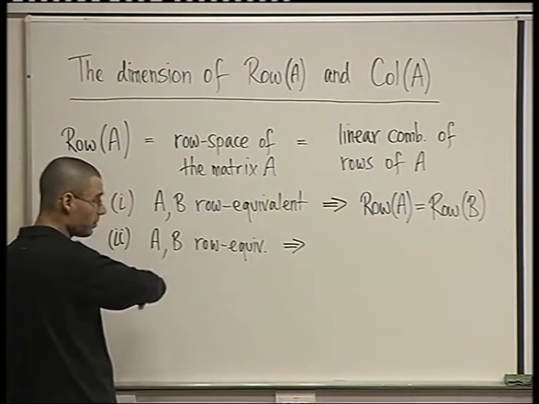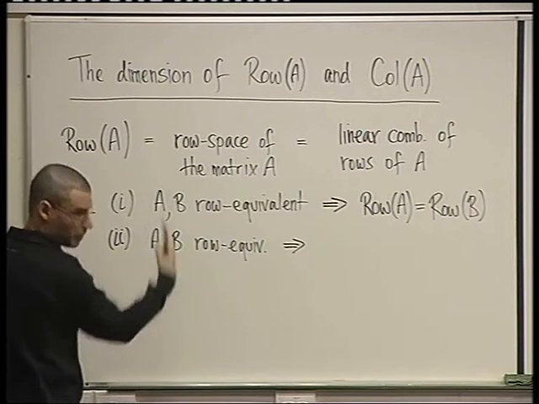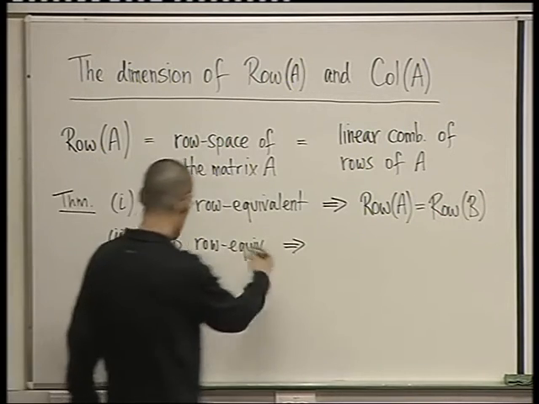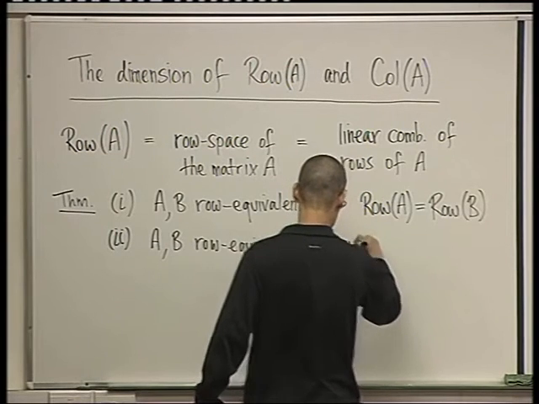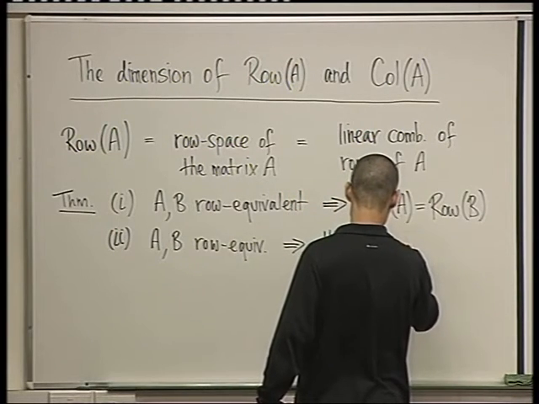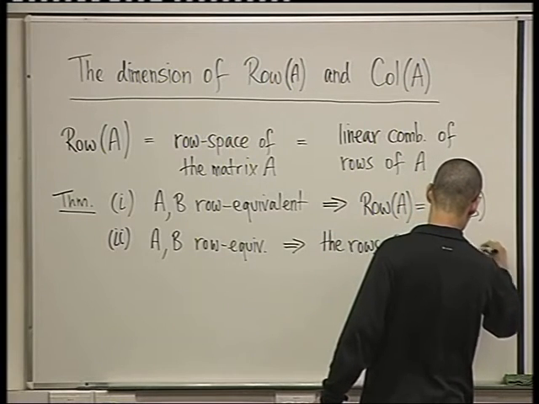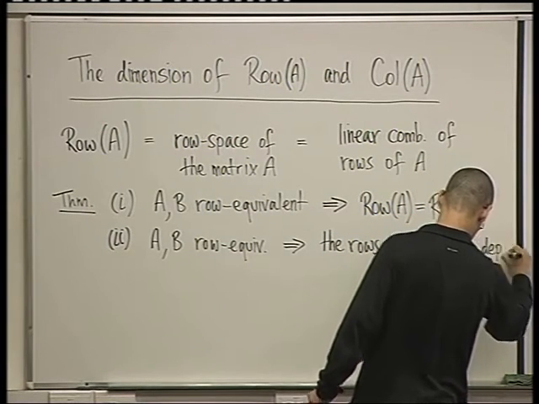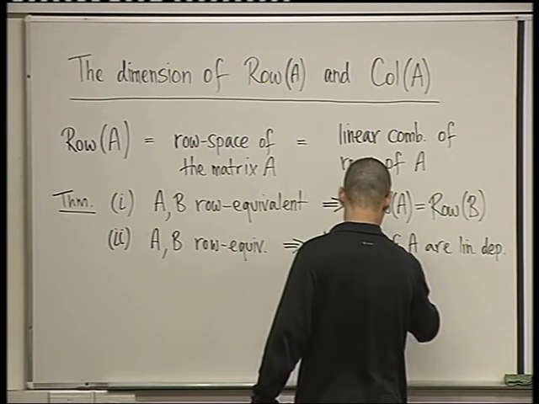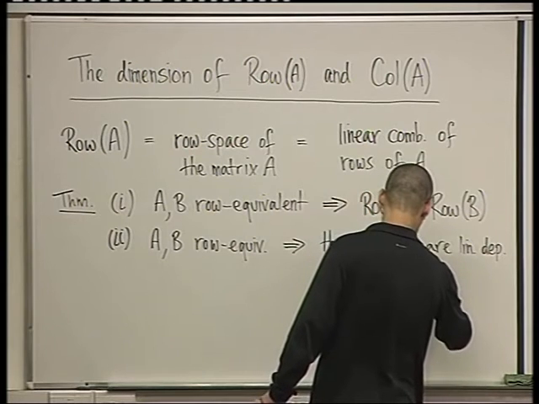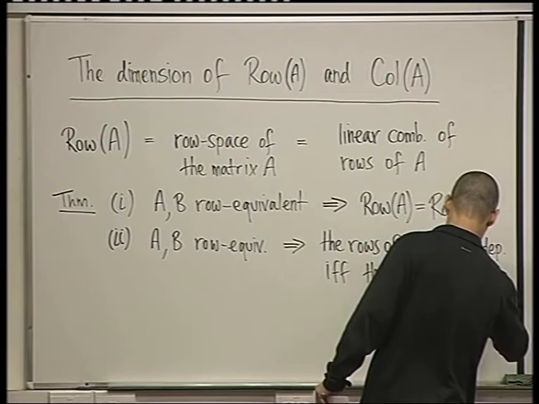So the property of being dependent or independent for the rows is preserved under these row operations.